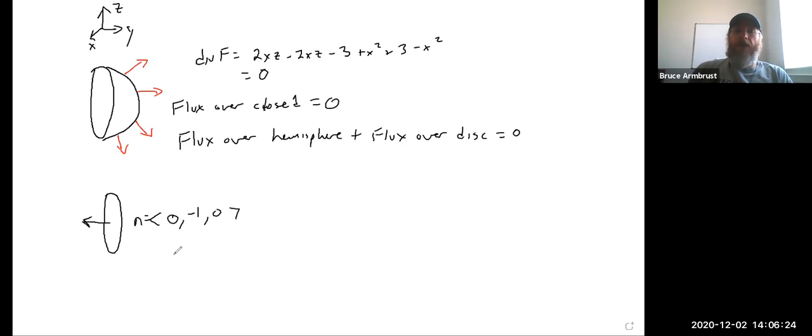Okay, so let's calculate the flux. All right, so we've got a double integral over our surface. We're going to do F dot n. If we go back to our original and dot it with this, we get negative 5 plus 2xyz plus 3y minus x squared y.